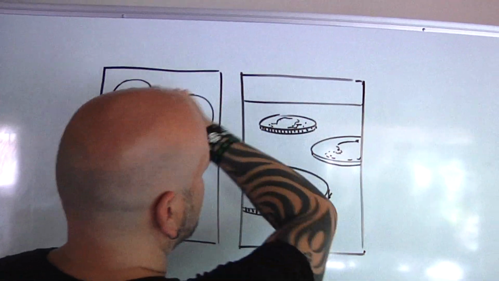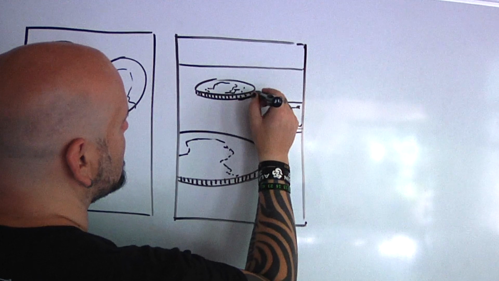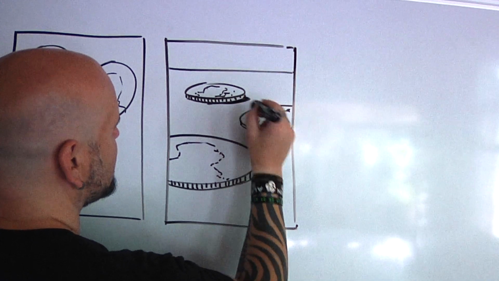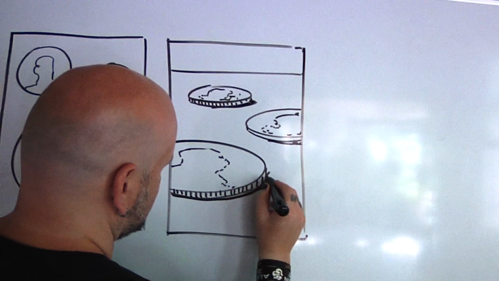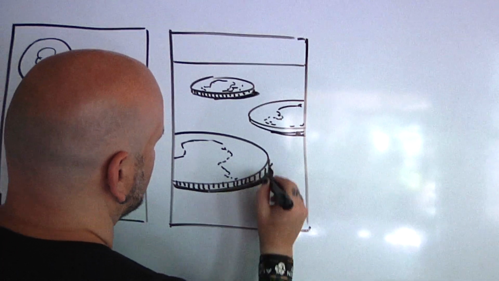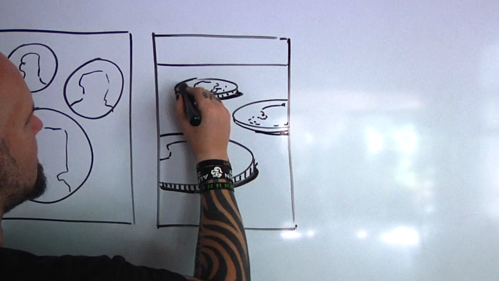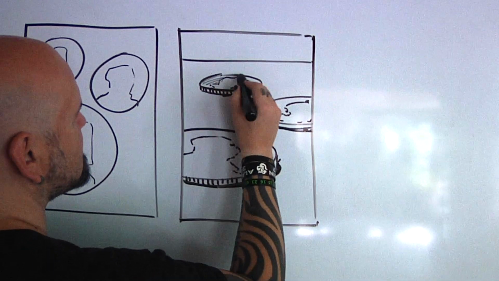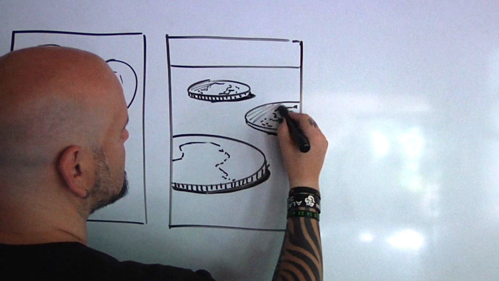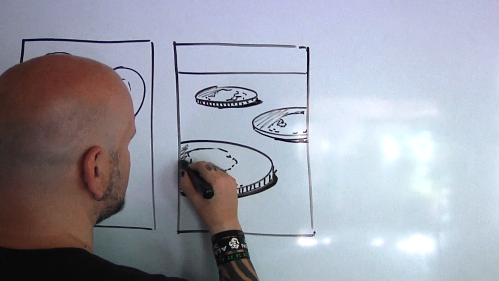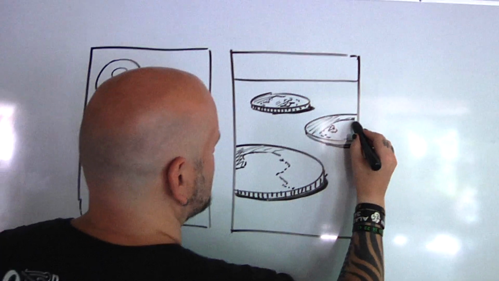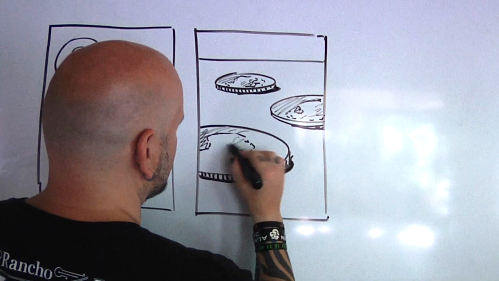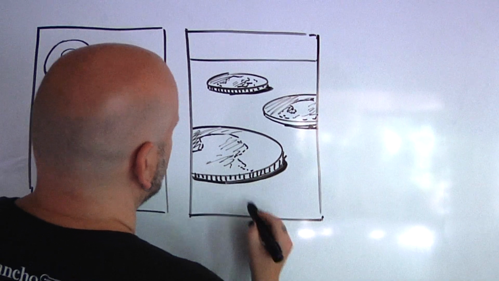Maybe, if the light is coming this way, maybe there's just a subtle shadow here, and subtle shadow over here like this. Maybe a little bit of contrast over from this side here, and then maybe just a little, they're super reflective, something like that.